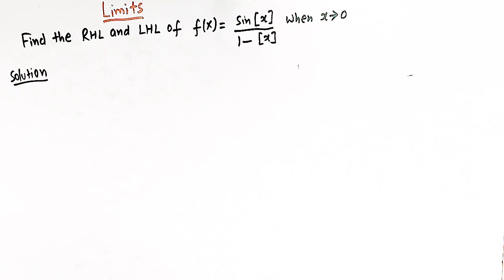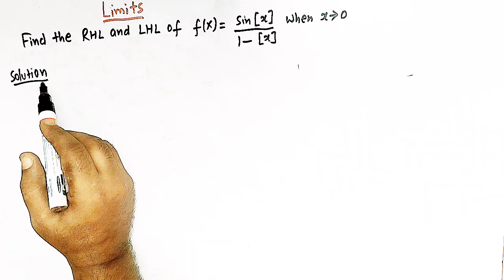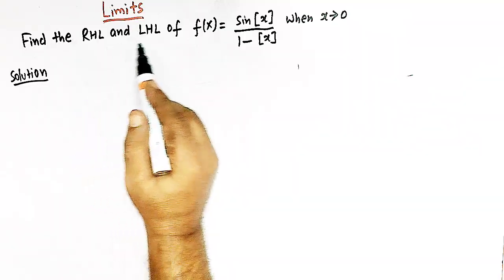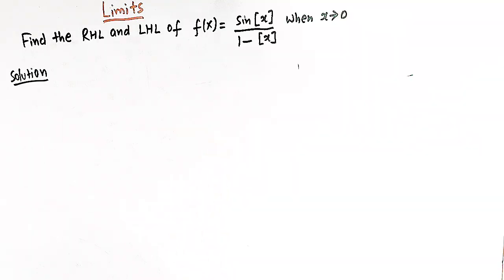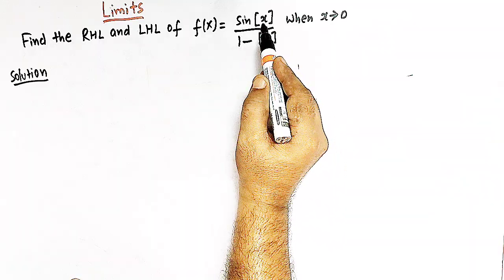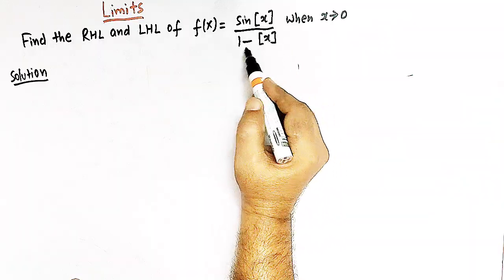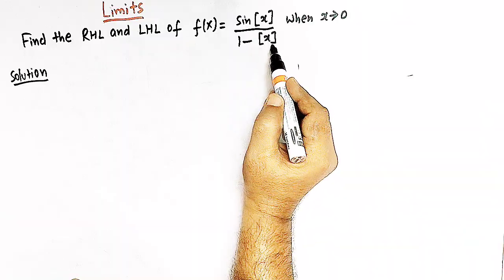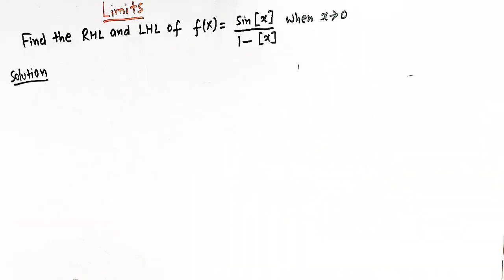Hello viewers, in today's session we are going to discuss another important and conceptual problem from limits. Here we are going to find out the right hand limit and the left hand limit of the function f(x) = sin[x] / (1 - [x]), where [x] is the greatest integer of x, when x tends to 0.